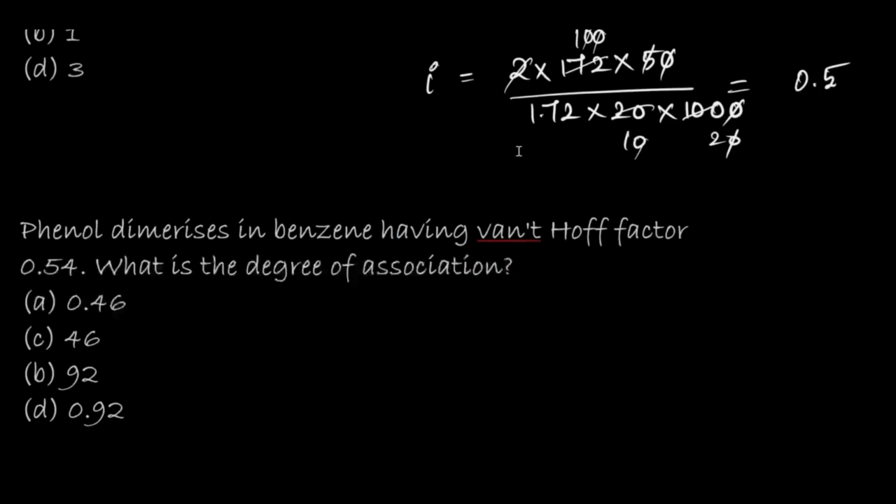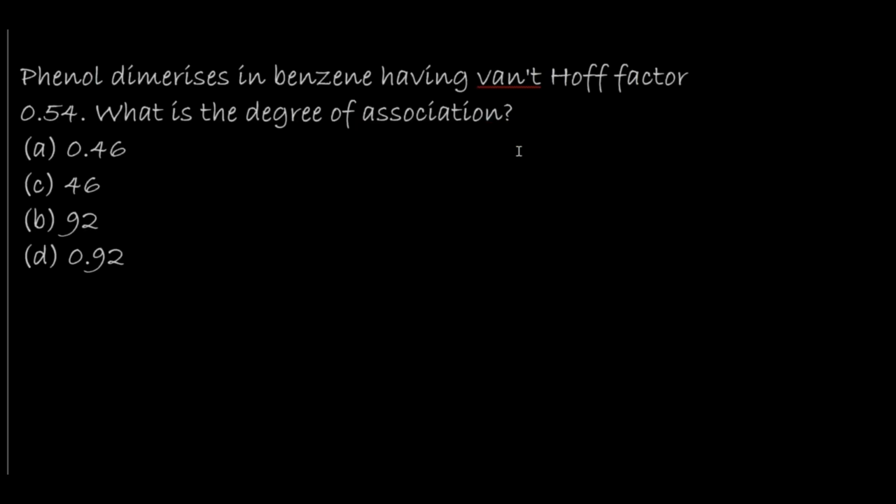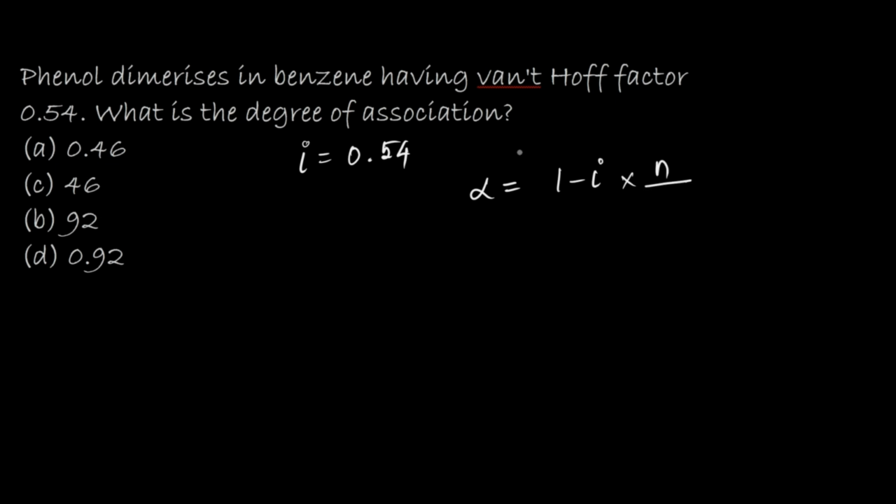Now let's move on to the next question, that is phenol dimerizes in benzene having the Van't Hoff factor 0.54. Okay, so find the degree of association. I have given you the formula of degree of dissociation and association. So alpha is equal to 1 minus i into n by n minus 1.